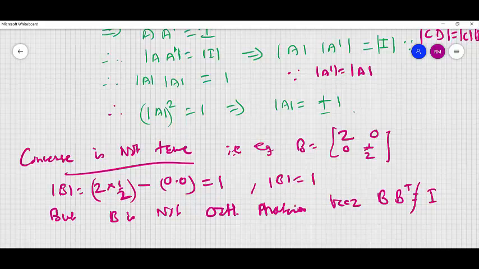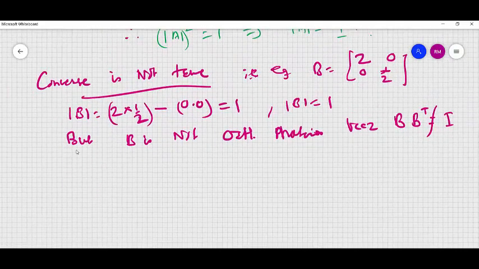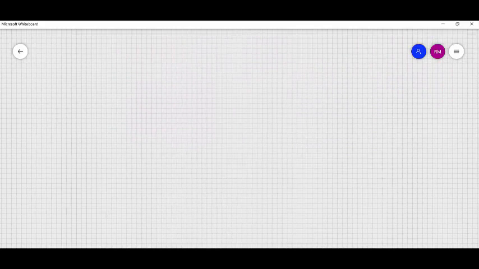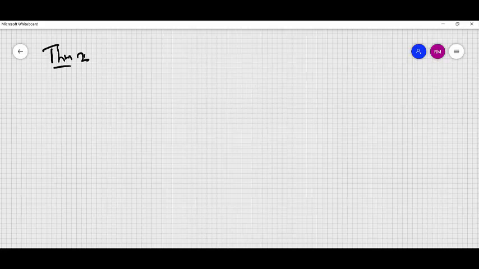Now we take the next property, or we can say theorem 2. Prove that the inverse of an orthogonal matrix is equal to the transpose of the matrix.